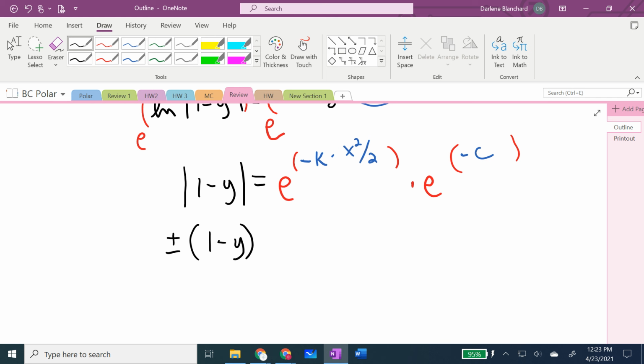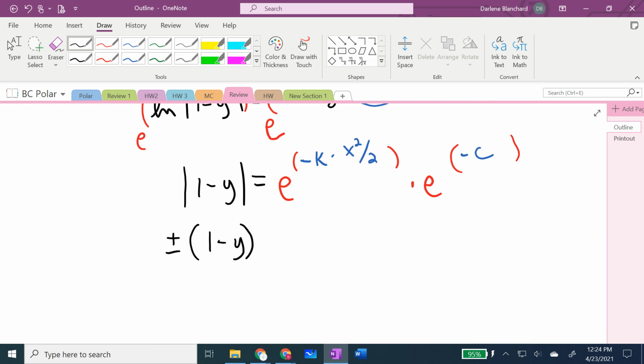And this will have a split at y equals 1 with an asymptote, and you can't just cross the asymptote with a specific curve. You don't know where it lands on the other side of the asymptote. It's either the plus or the minus, and you have to figure out which it is.